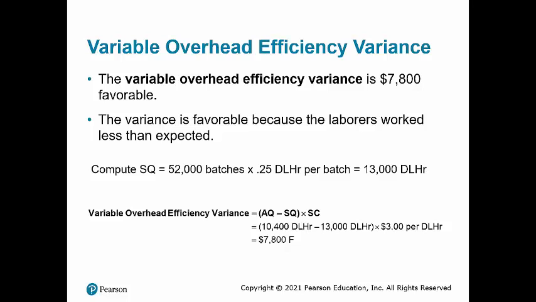The $7,800 variable overhead efficiency variance is favorable because laborers actually worked 2,600 fewer hours than the flexible budget called for to produce 52,000 batches of crayons, and variable overhead is allocated based on direct labor hours.